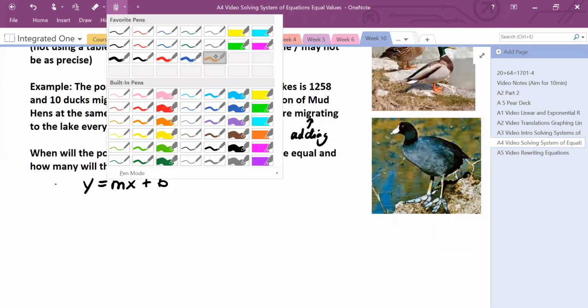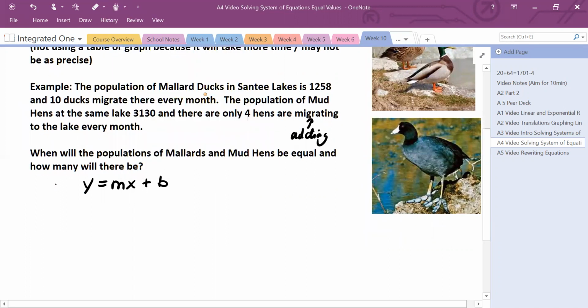So for the mallards, it tells us that we're starting at 1,258 and we're adding 10 ducks every month. So our 10 ducks is going to be our rate of change.